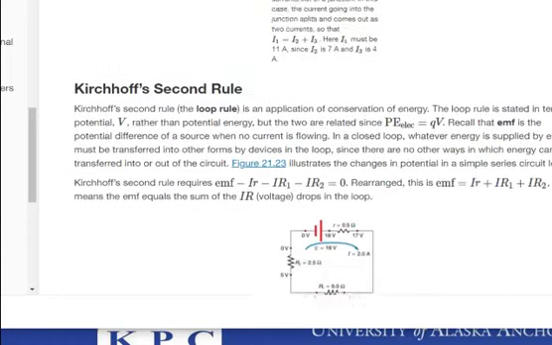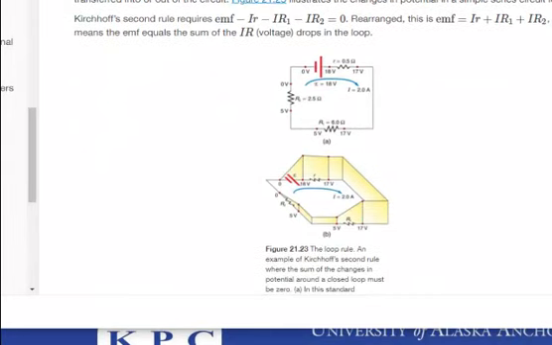The loop rule means that when we start at some point and go all the way around, this could be clockwise as I describe it or counterclockwise, either way, and we come back to the same spot where we started, obviously we arrive at the same potential, the same voltage there.